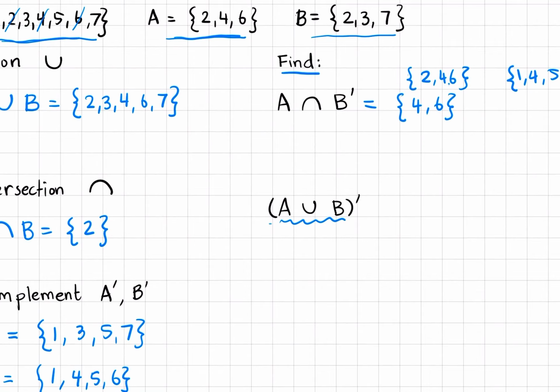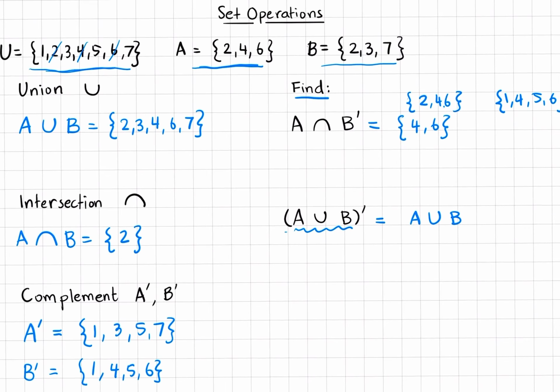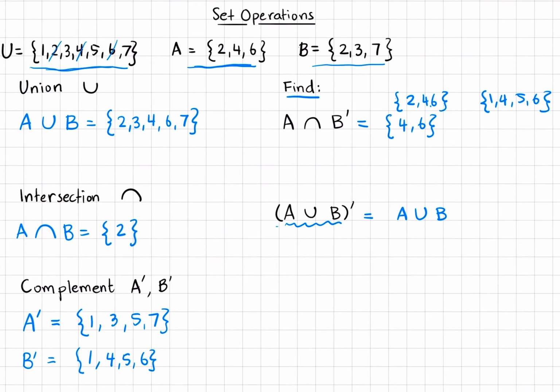So the first step I'll do is get the intersection first of A and B, which we already got right here. Oh, yeah, of the union, yes. So this is what we got up here. Yeah, apologies. This is find the union and then get the complement of the union of sets A and B, not the intersection.